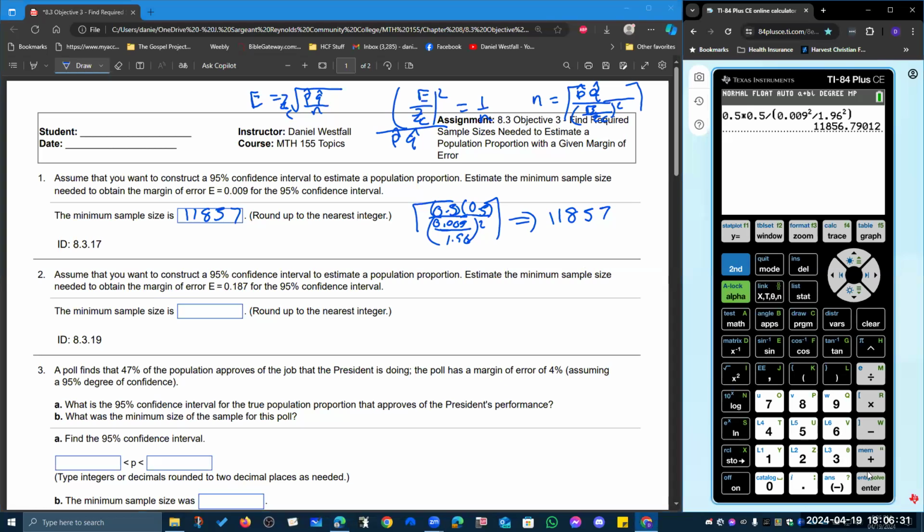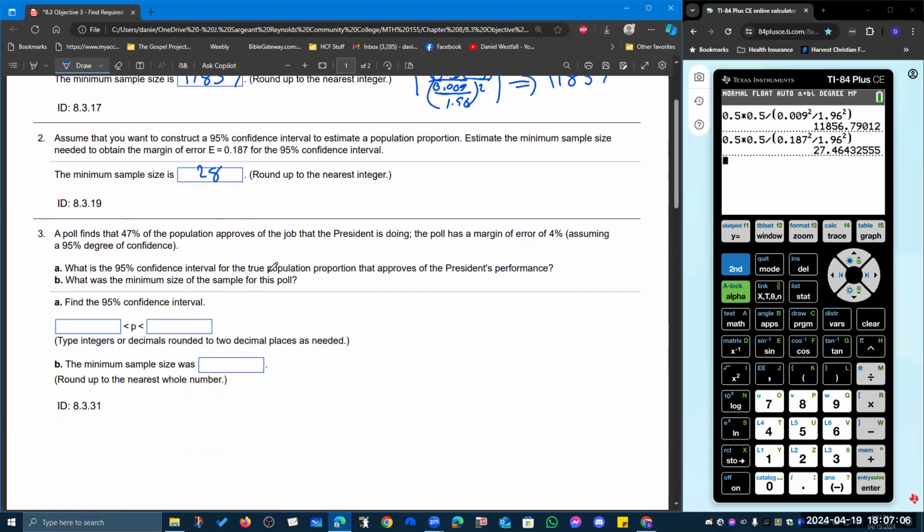So all this is the same, other than this changes to 0.187, and that is 28. So you see, as you want less error, you need to ask more people. If you are okay with more error, you don't need to ask as many people.